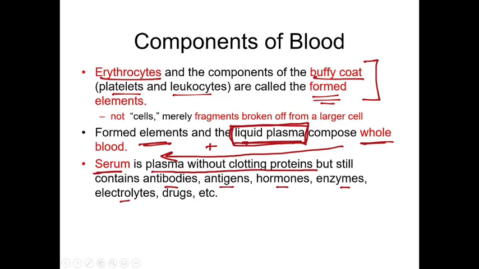And right now we're hearing about COVID, and we're hearing about those who have already been exposed to COVID may have antibodies in their blood that can be given to somebody else as a way of fighting off the virus. And so you can see that the antibodies would be part of that plasma.